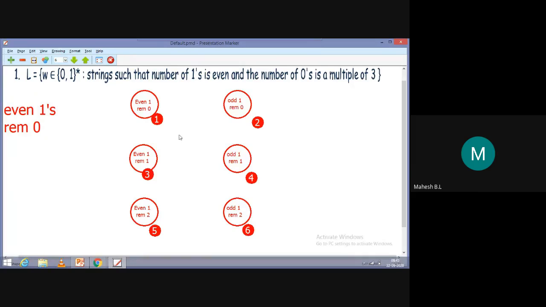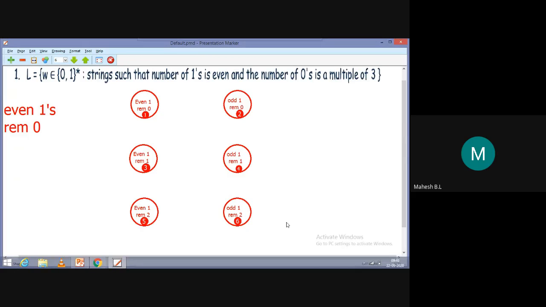State 1, state 2, then state 3, state 5, state 6.